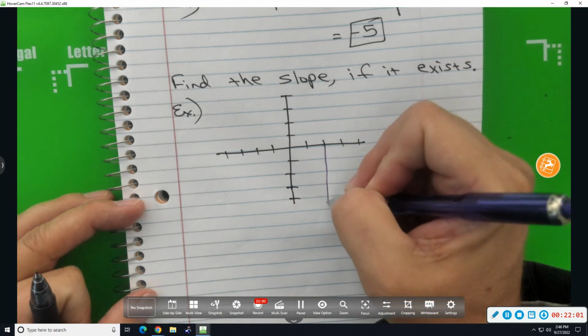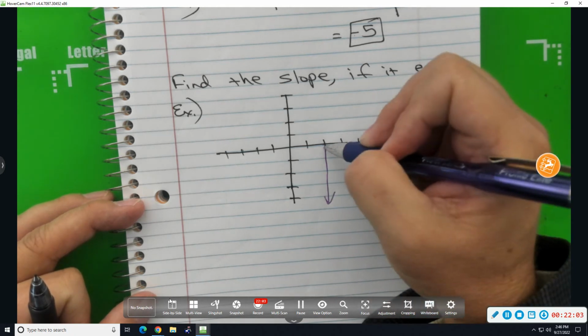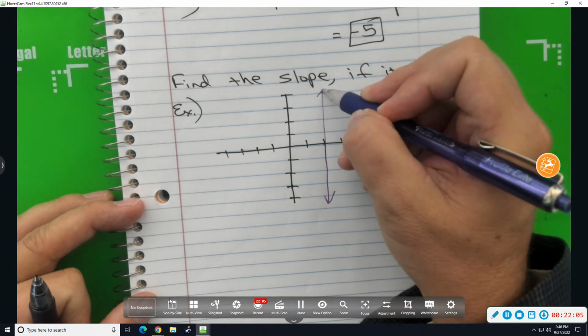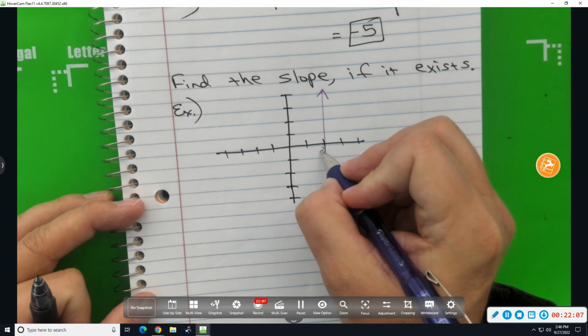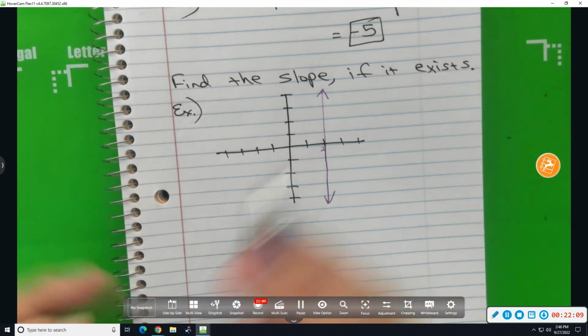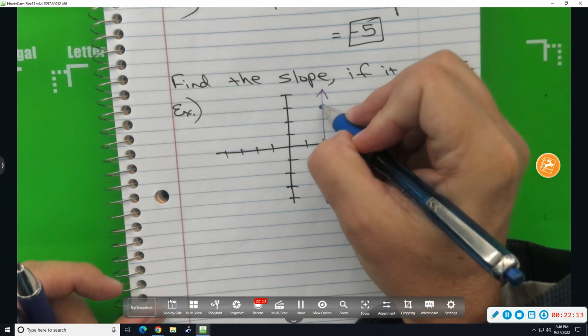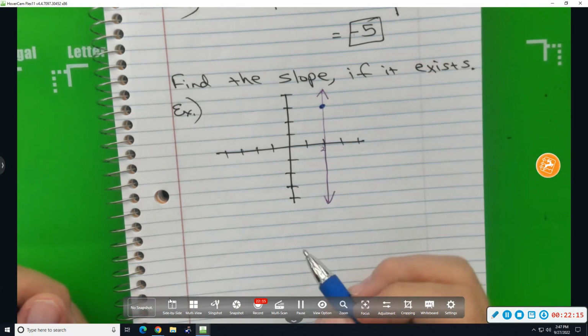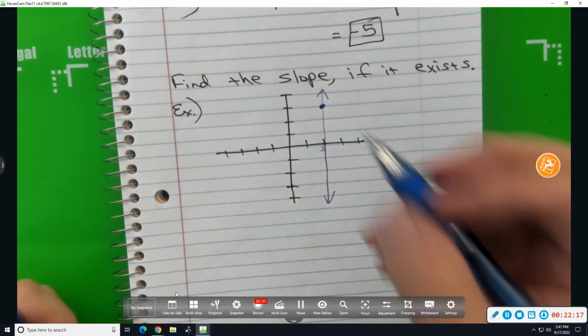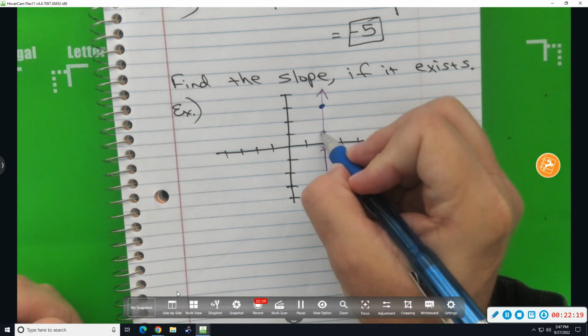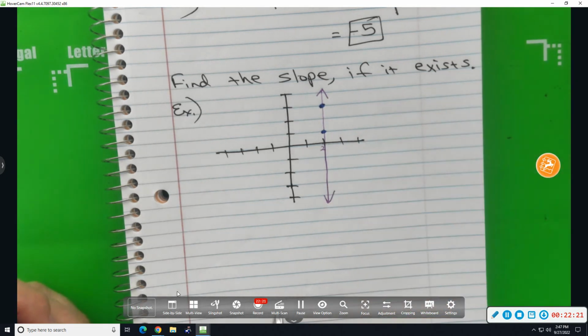It's a vertical line passing through the number 2 on the x-axis. And I'm going to identify a couple of points here. There's the point, that would be (2, 3). Here's the point (2, 1).